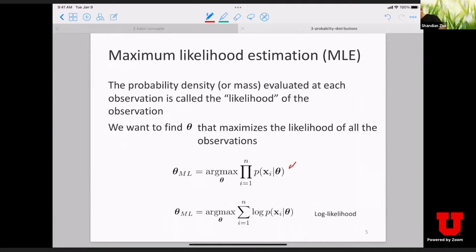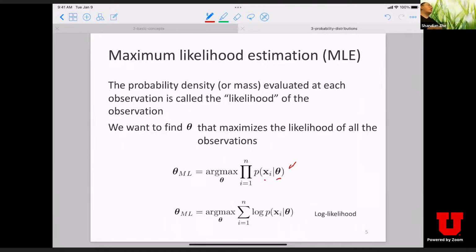It's based on the intuition that the samples, when you collect them, it's because they have a high chance or high likelihood to appear. So you believe that under the distribution parameterized by theta, you got a high chance to sample those observations.